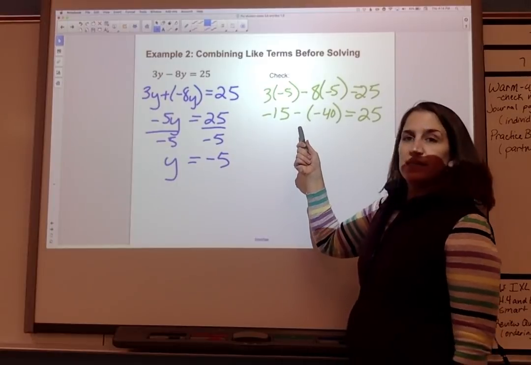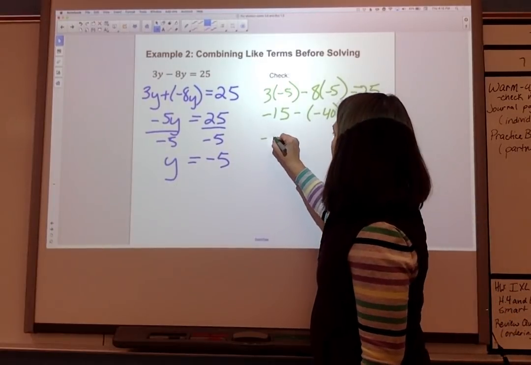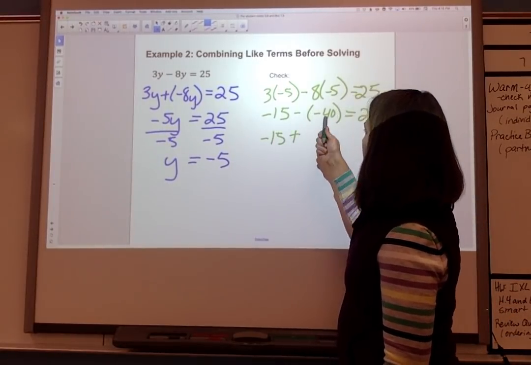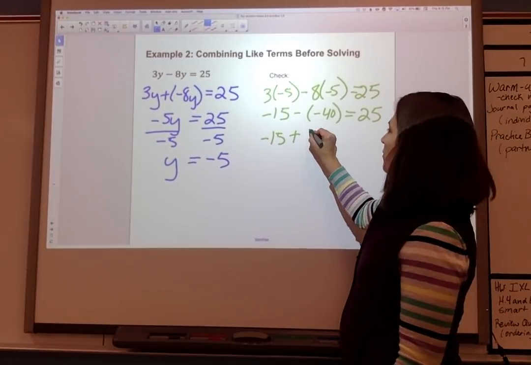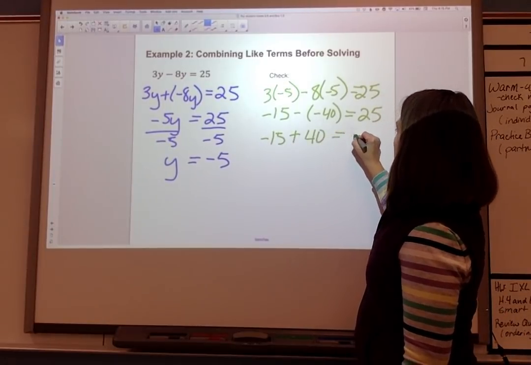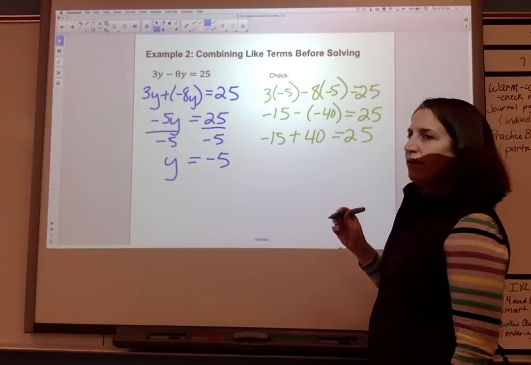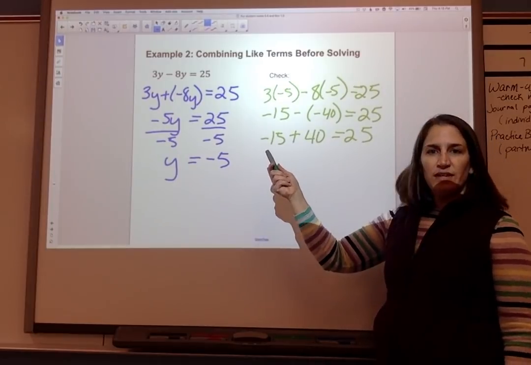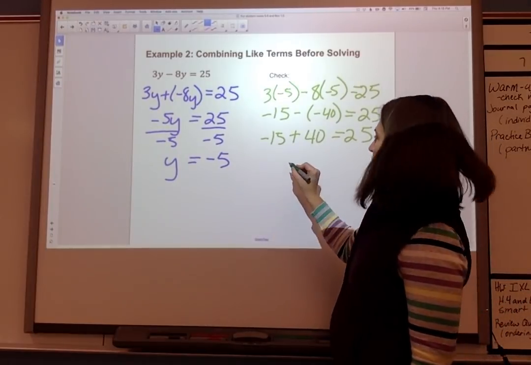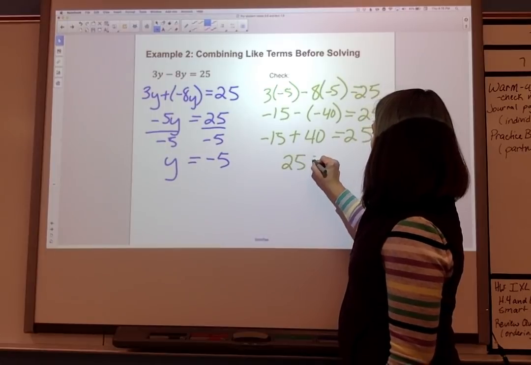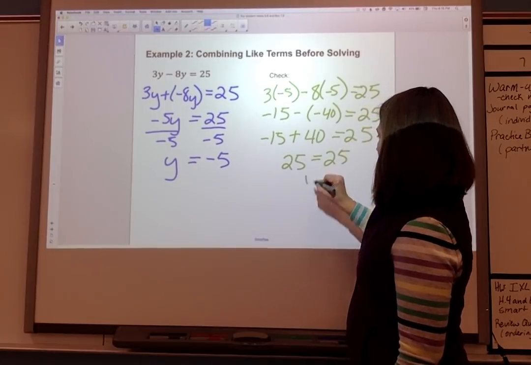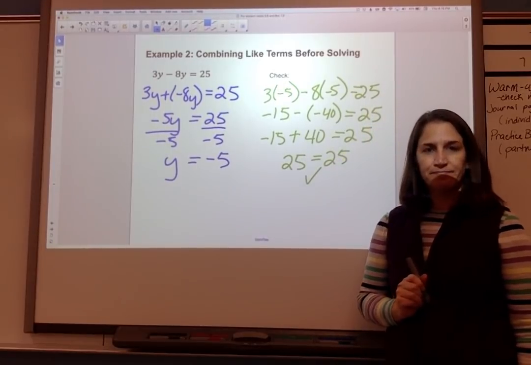Now I'm going to rewrite my subtraction as addition. Negative 15 plus the opposite of negative 40, which is positive 40, equals 25. Now I have a positive and negative, so I'm going to subtract their absolute values. 25 equals 25. We got it.